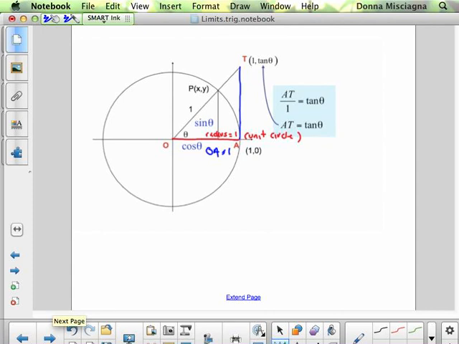And this triangle is now extended, and I've got a line here perpendicular to the radius of the unit circle, which is 1. So one side is OA and one side is AT. And we need to represent that as something, right? So AT is one side.